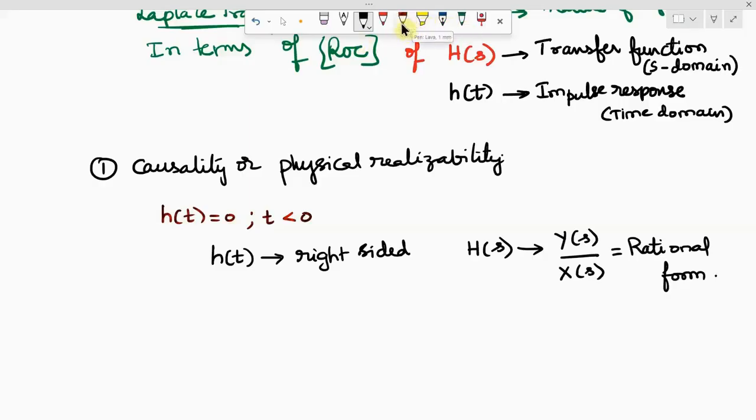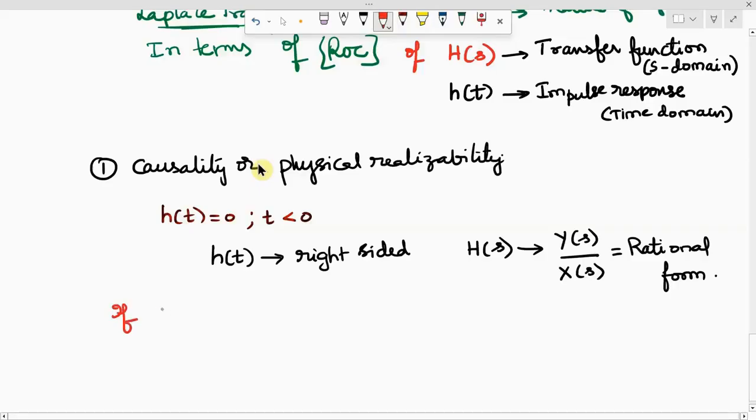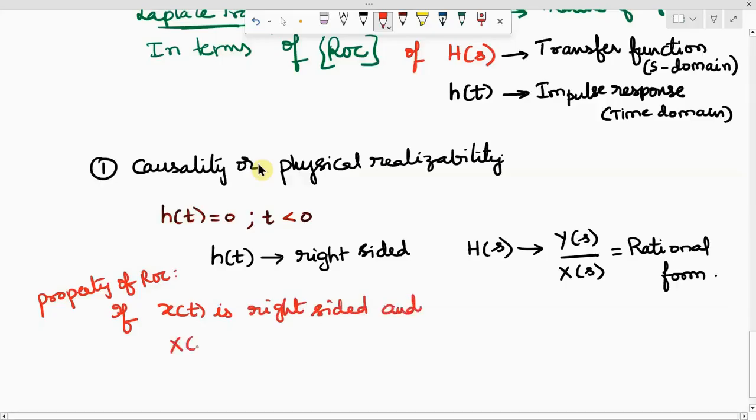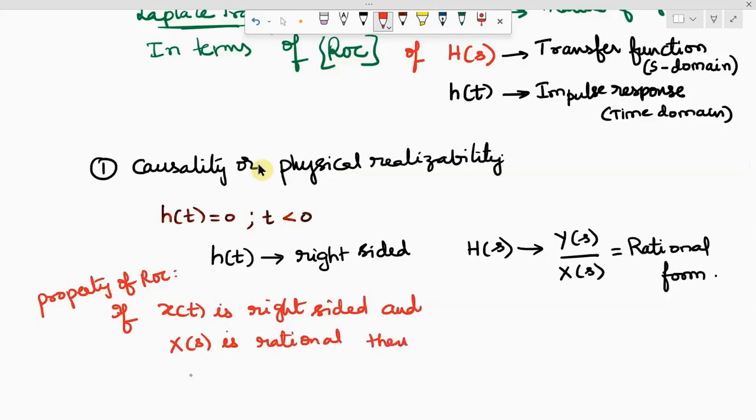So now I want to recollect a property of ROC. If you have that in your book, please check once. If the signal x of t is right-sided and X of s is rational, then how will the ROC be?